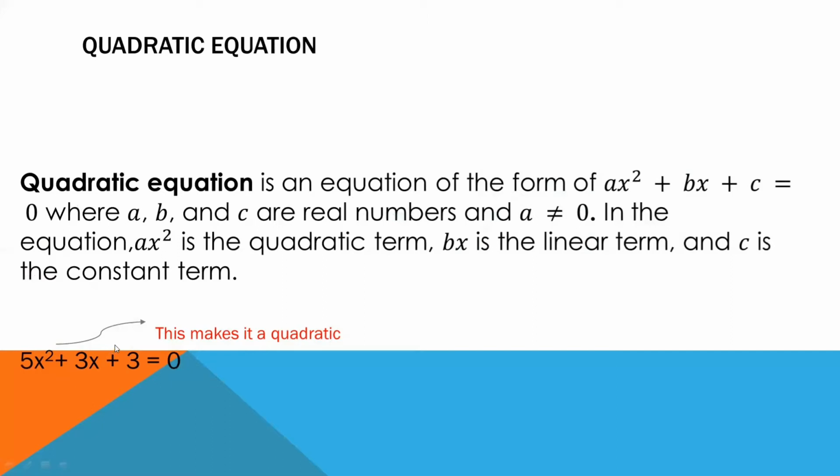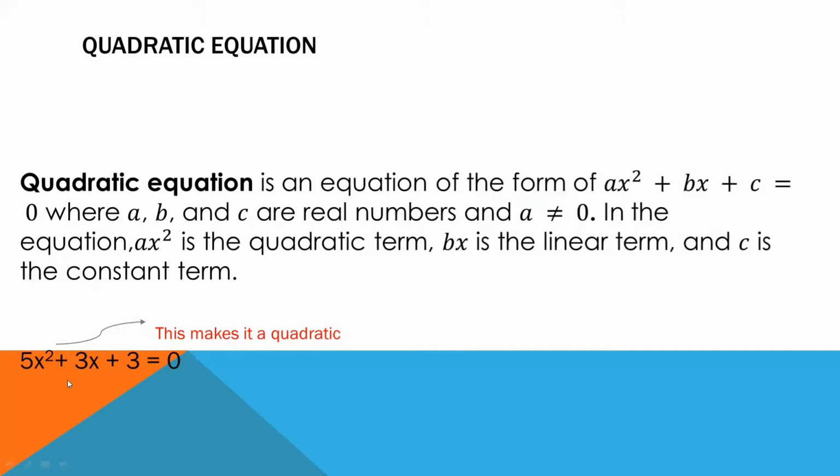Para mas madaling intindihin, kapag ang variable natin ay may exponent na 2, then that is the quadratic term. Kapag yung ating variable naman ay ang exponent niya ay 1, then that is linear term. And then kapag naman walang variable na kasama or number lang siya, then that is the constant.